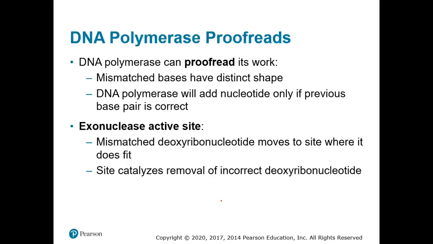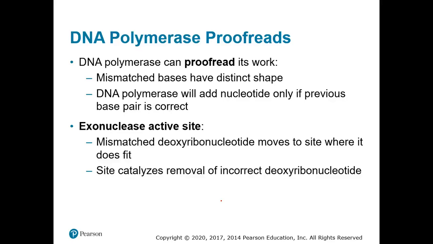Now, one of those is DNA polymerase itself. I know it can do it all. Not only does it add in new bases, but it can also proofread its work. If it makes a mistake, it can recognize that, it will remove the mistake, and it will add back in the correct nucleotide, the correct base.